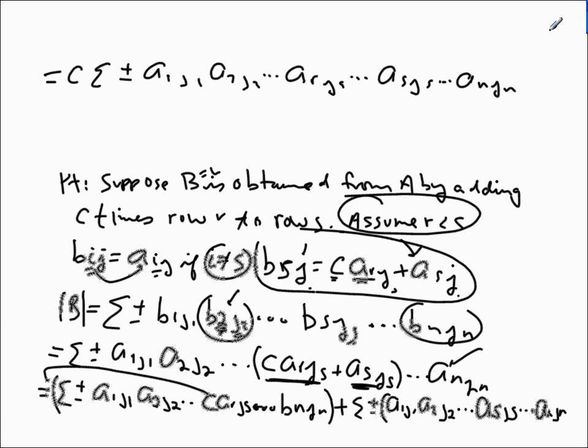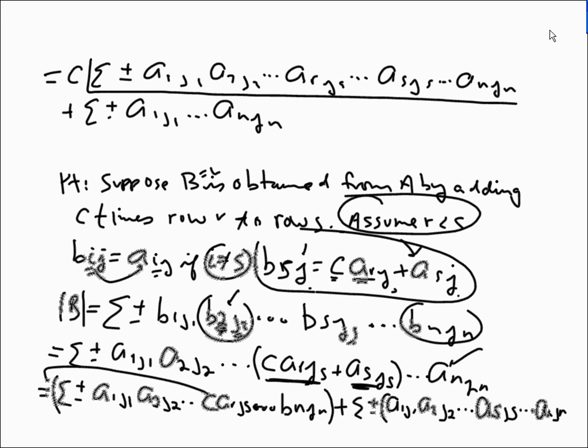And for completeness, plus the second summation, the summation plus minus A1J1, all the way up to ANJN. Okay. Well, that second summation, that's just the definition of the determinant of A. Now, for this theorem to be valid, I just need to argue why this is 0.